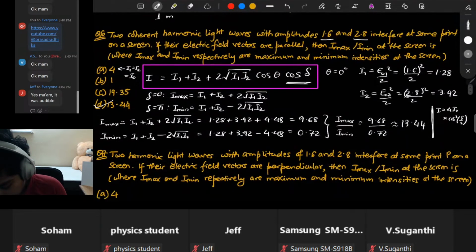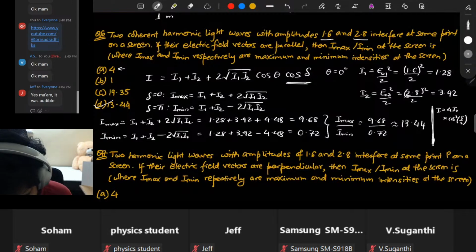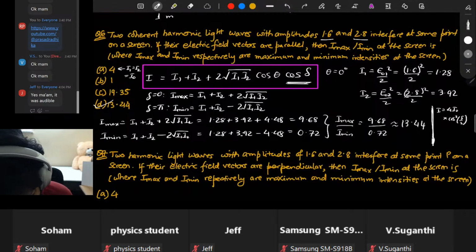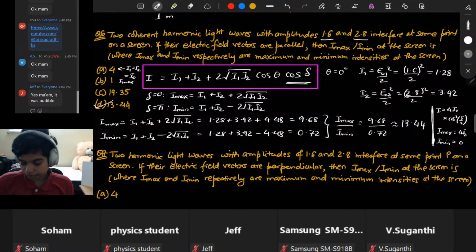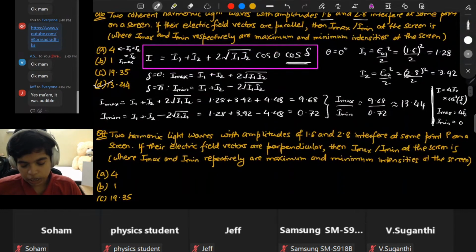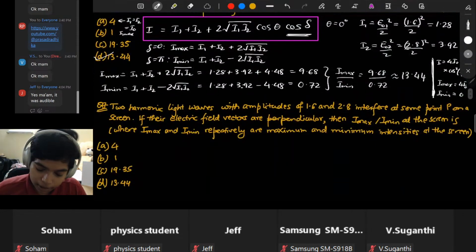Then I max will be 4 times I naught, and I min is going to be 0. That will just give you I max as 4, not I max over I min. So yeah, be careful what is being asked.